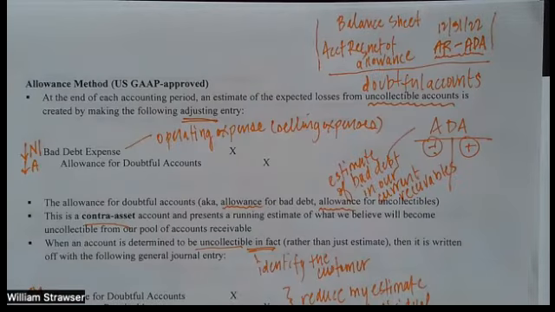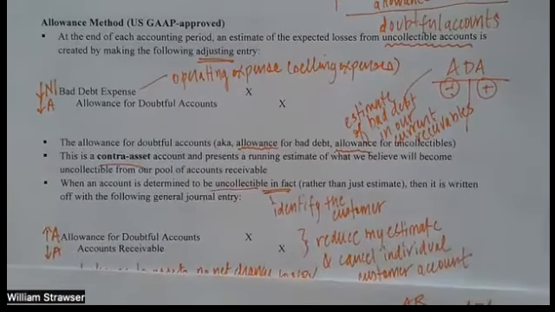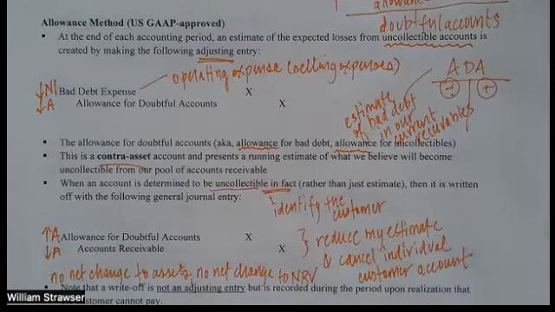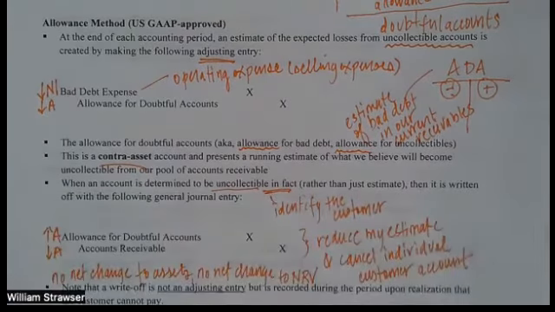The other item I want to talk about is, in terms of the allowance method being GAAP approved, one of the reasons that it is GAAP approved is because it is an instance, again, of the matching principle.